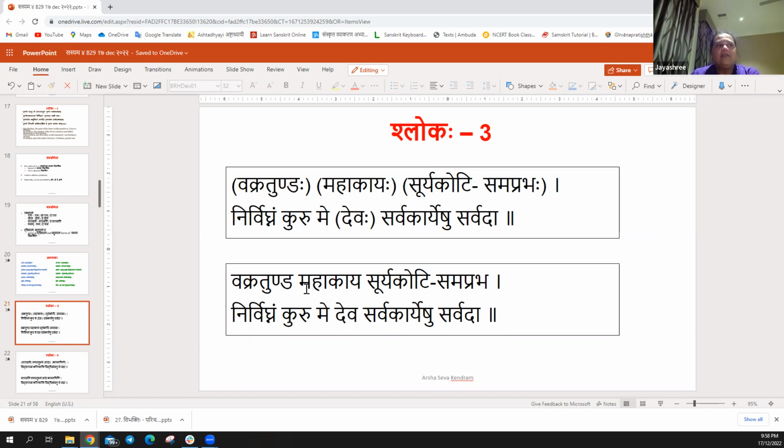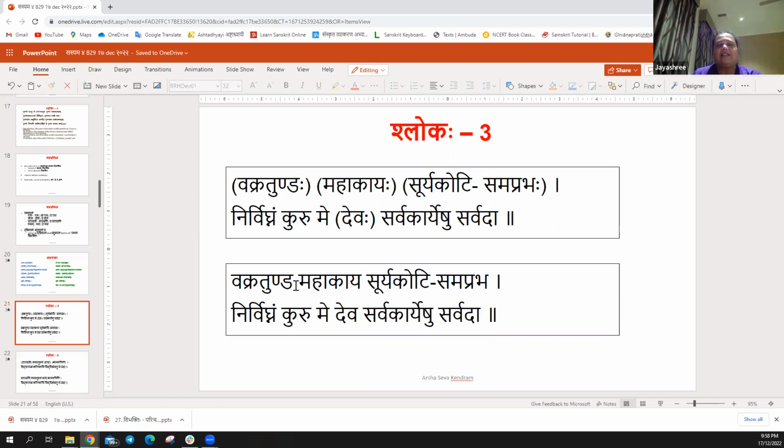Here we don't have the Visarga, Vakratundaha. Now we need to start questioning, why is this like that? Vakratundaha is a name of Lord Ganesha, right? Because it is doing a Sambodhana, that's the reason the Visarga is not there.